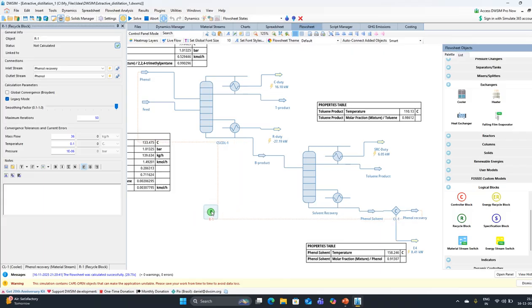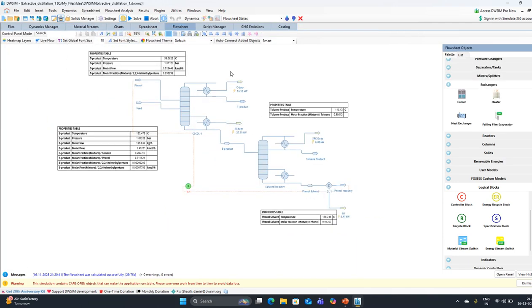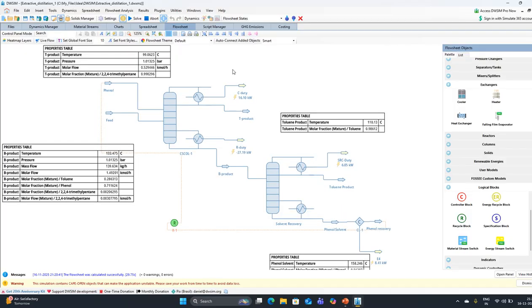Now I will close all things. What will be the output of this simulation, or what will I call a success for this simulation? Once I click on the solve button, there should not be a significant change in the mole fraction of toluene and the mole fraction of isooctane in the top products, because these two streams are my separation products and they should be almost pure with the desired component.